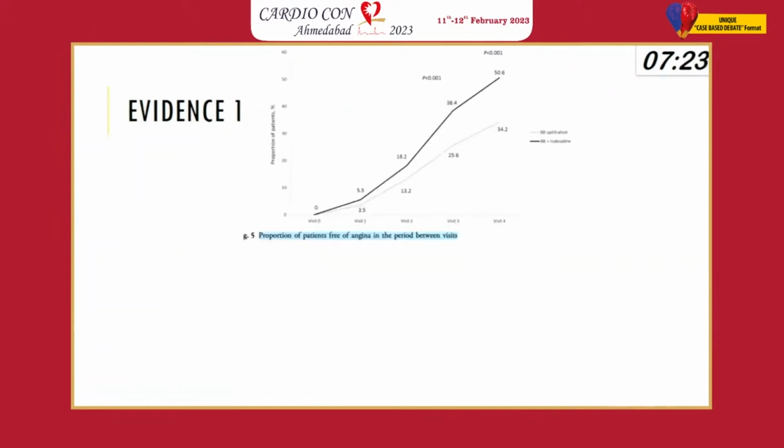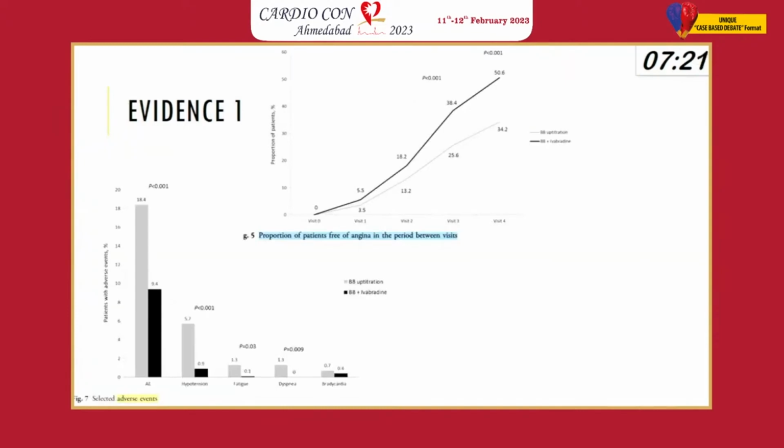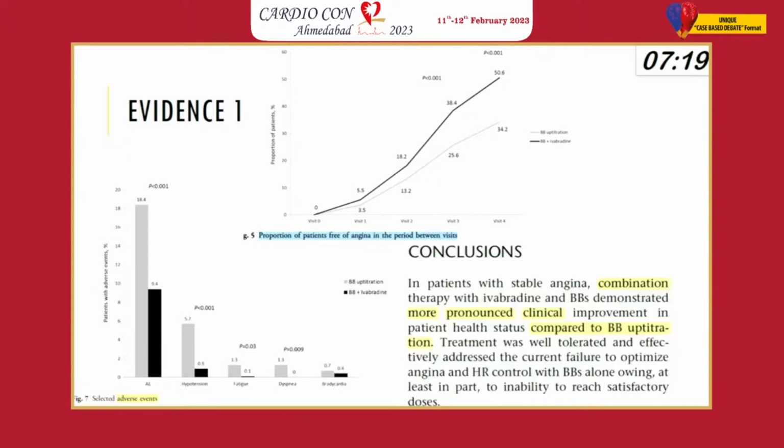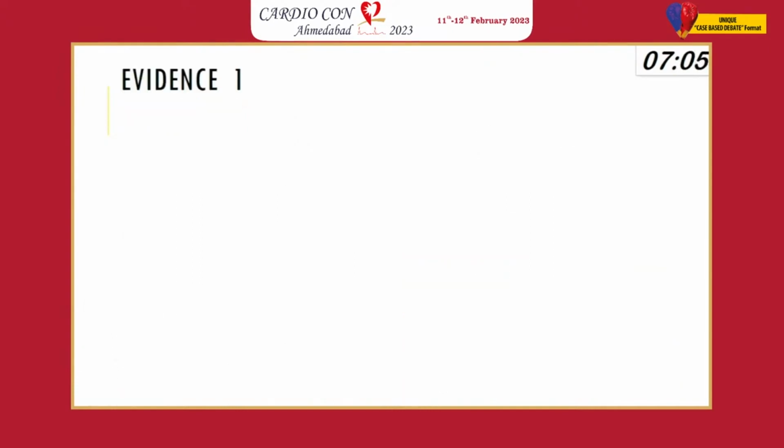It shows both efficacy and safety benefits. Addition of another drug to the beta blocker had more benefit in angina event free survival, and for safety it decreased side effects by adding ivabradine compared to up titration of beta blocker.